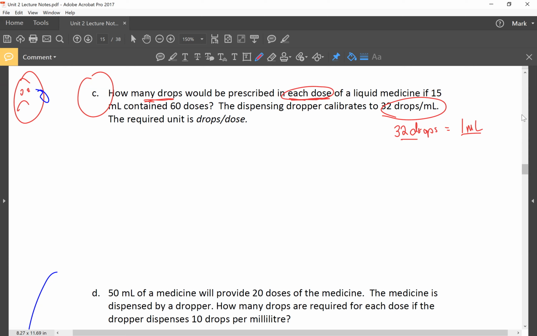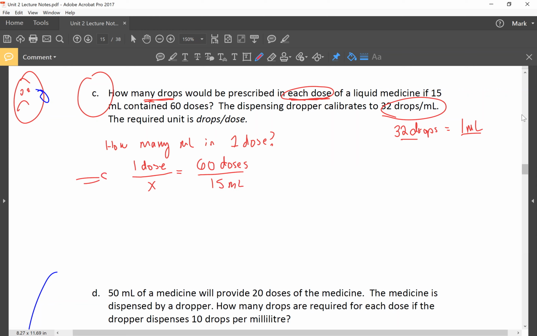Well, my first question is how many milliliters are in one dose? So I can use the same proportion I've been using this whole class. One dose is X, this is what I'm trying to find. And I know that in 60 doses, my total doses, there is 15 milliliters.